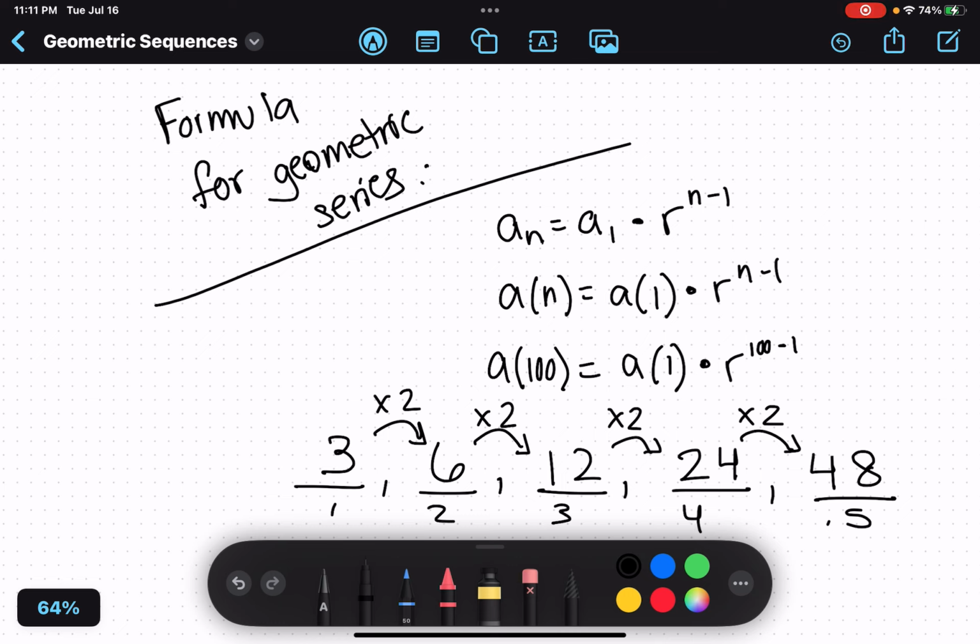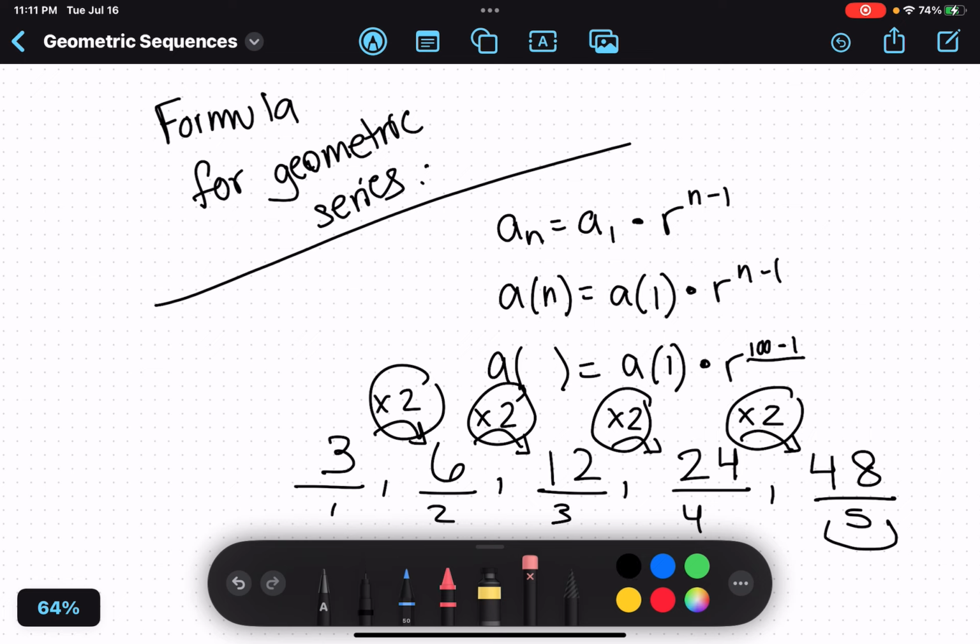But we only multiplied by 2 4 times. So that is why we're doing 100 minus 1. Because let's say this was 5. Five minus 1 is 4.